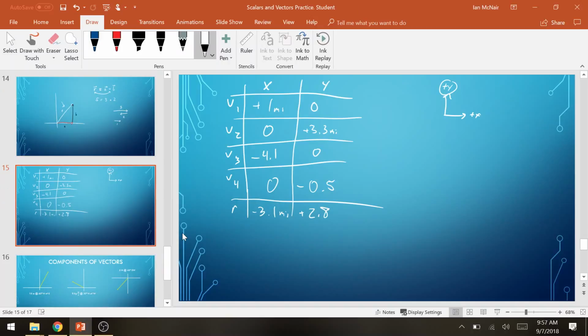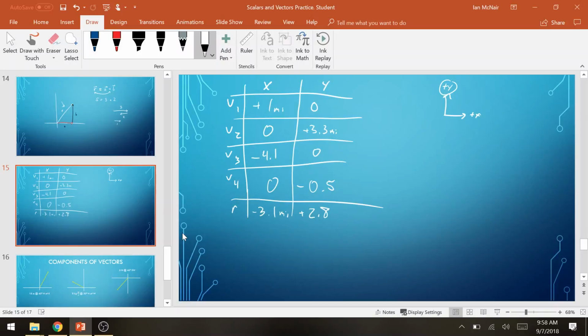And then similarly, we had vector 3, which is 4.1 miles in the opposite direction, so in the negative x direction. And vector 4 is negative half a mile, half a mile in the negative y direction. So all we're doing is combining like components.